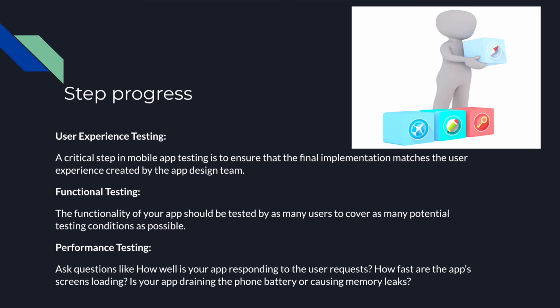The user experience testing helps to ensure the final product matches the user experience created by the app design team. Functional testing tests the functionality of your app, covering as many potential testing conditions as possible. When it comes to performance testing, ask yourself questions like, how well is your app responding to user requests, or how fast is the app's loading screen?